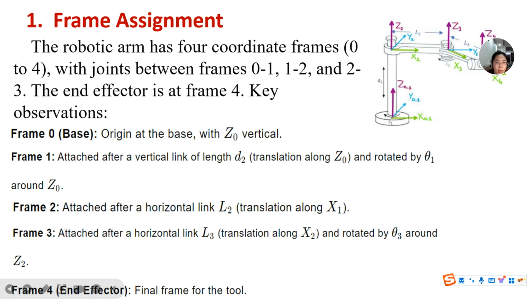For each joint in this picture, the z axis represents the axis of rotation, and the x axis is perpendicular to the axis of rotation.